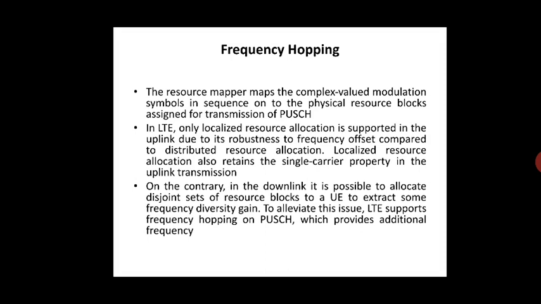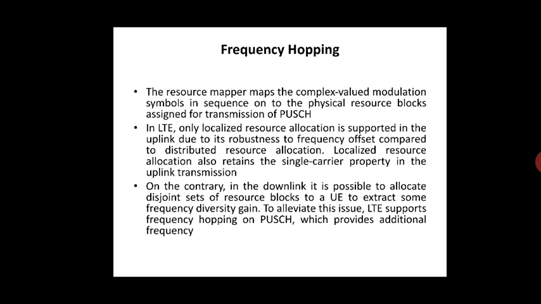When the communication is through the uplink, only localized resources will be allocated to retain a single carrier property in the uplink transmissions. On the contrary, in the downlink, it is possible to allocate disjoint sets of resource blocks to the user entity to extract some frequency gain.